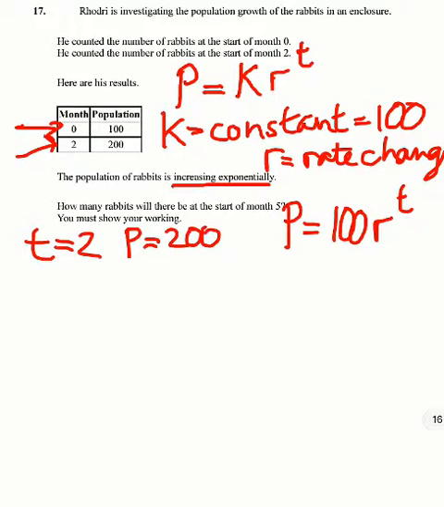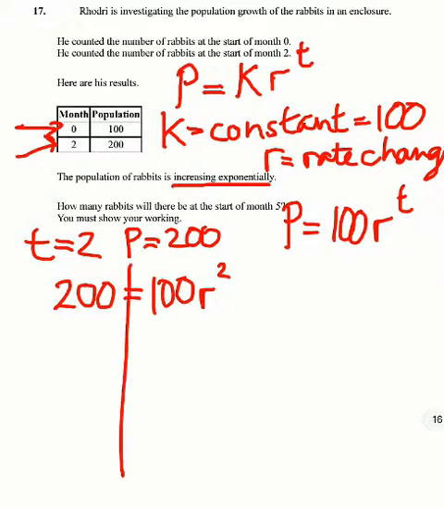So we need to substitute that into our equation. Instead of writing P equals 100 R^T, we're going to write 200 equals 100 times R to the power of 2, where we just swap T for the 2 and P for the 200 in our equation.